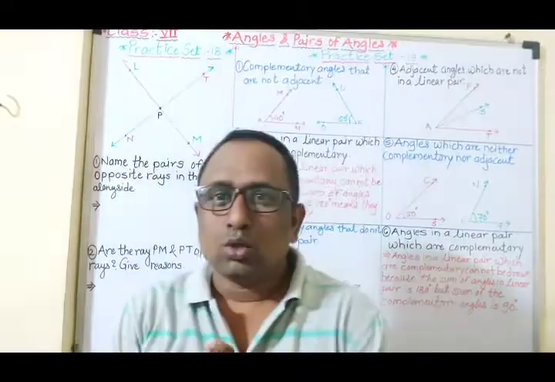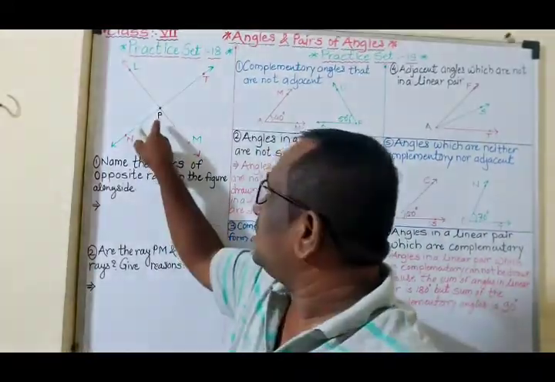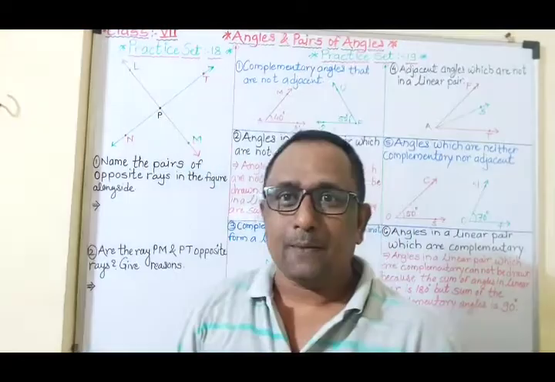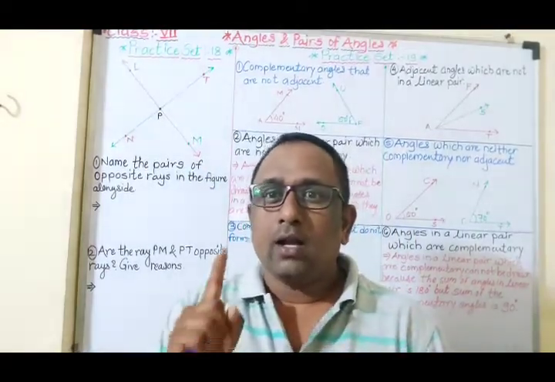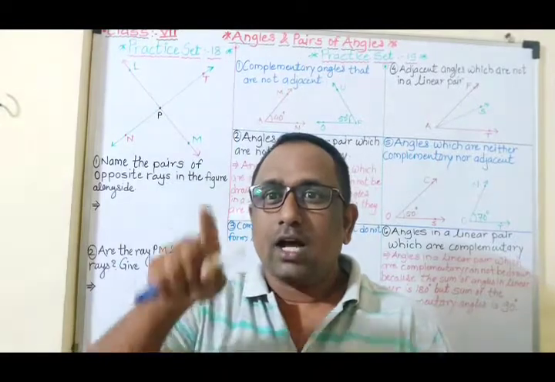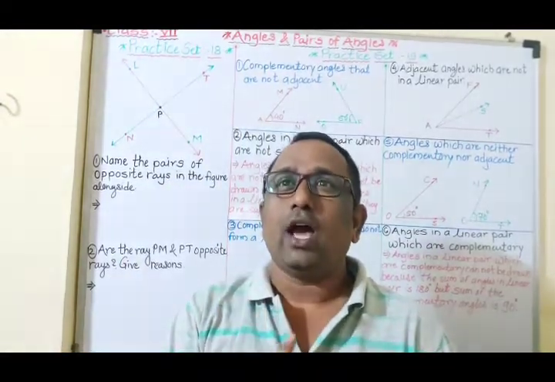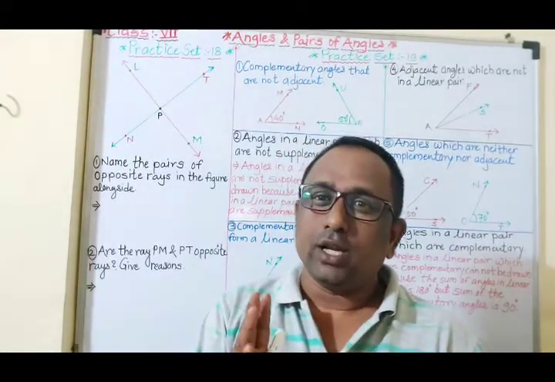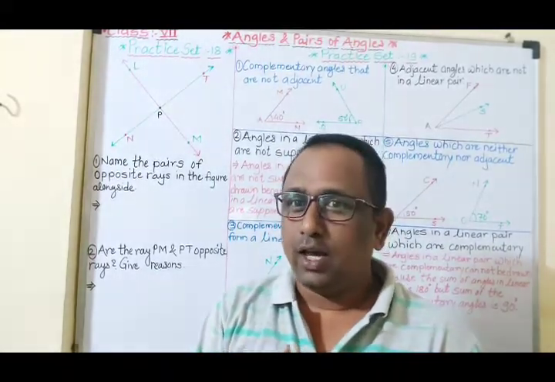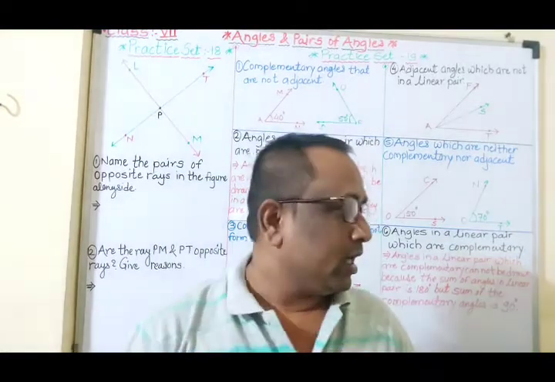So P is a common origin and the rays form a straight line. Two rays which have a common origin and form a straight line, this is the definition of opposite rays.